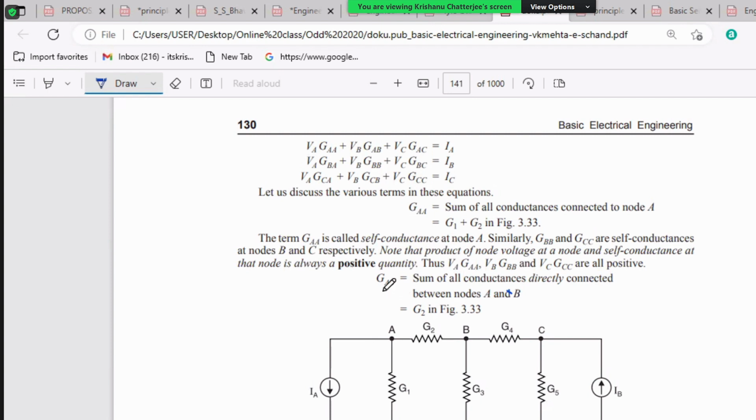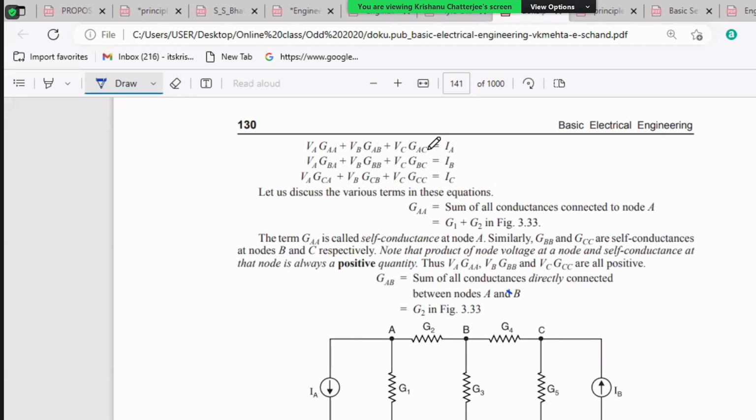Okay. And the cross one, GAB. GAB means in between A and B, what direct conductance is connected. So between A and B, only G2 is connected. So G2 will be GAB. Got it? And what will be this one?